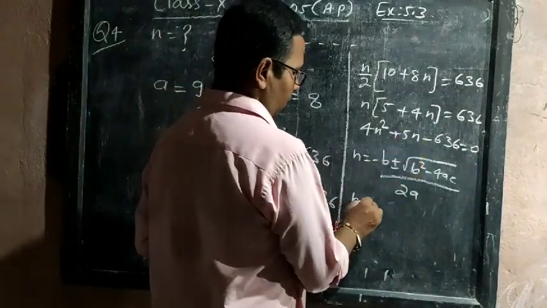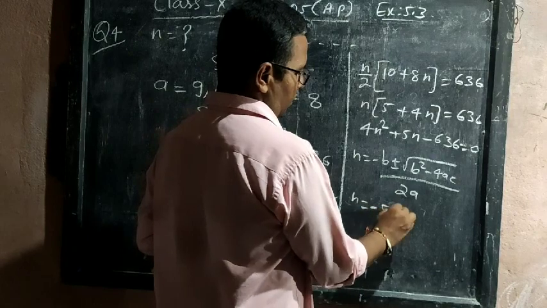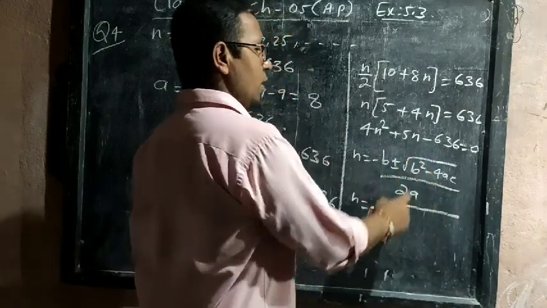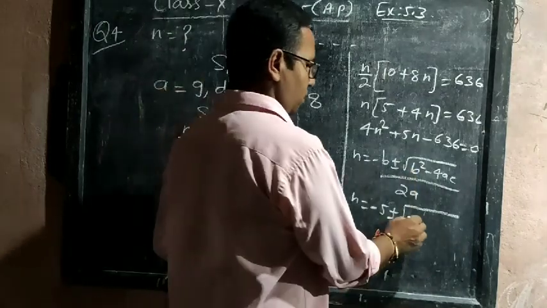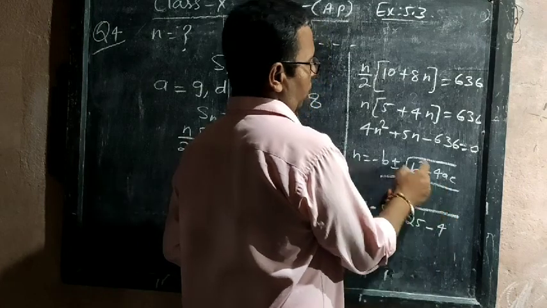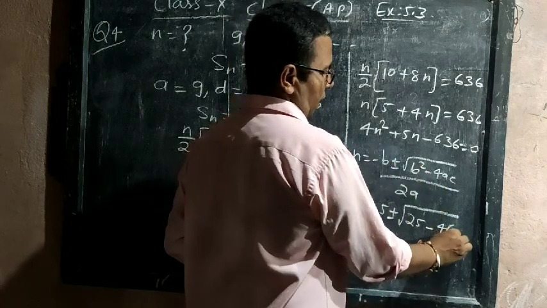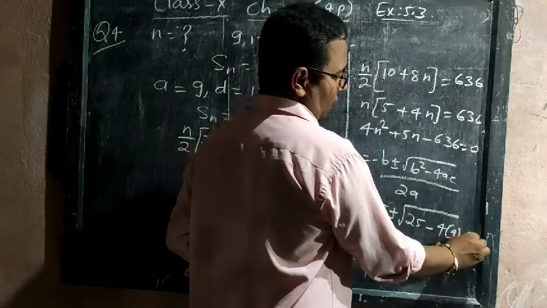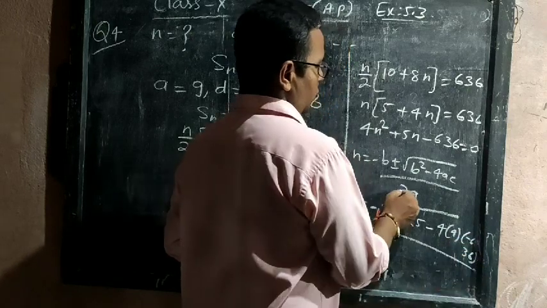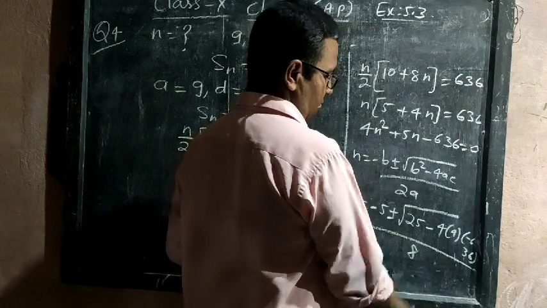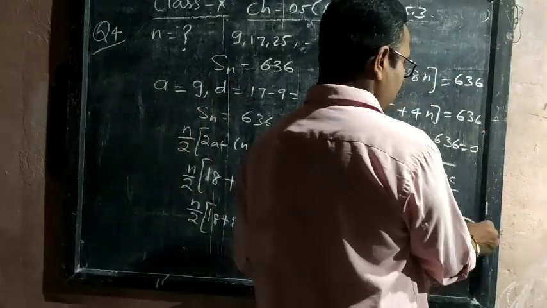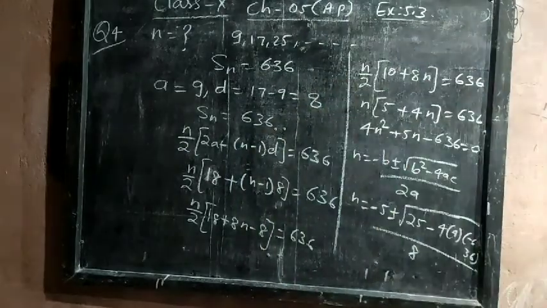So n is equal to minus 5 plus minus root 5 square, 25, minus 4, a value is 4, and c value is minus 636, by 2a, that means 4 times 2, 8. Just we will proceed further, we will solve it, then we will get the answers.